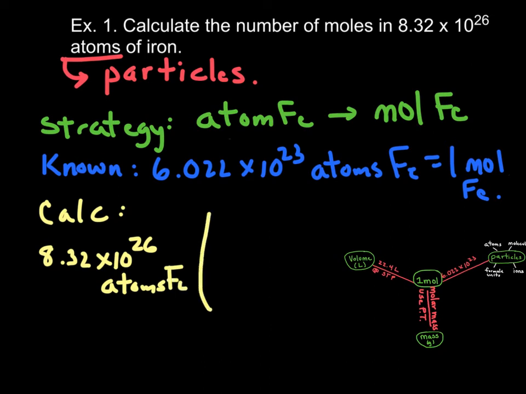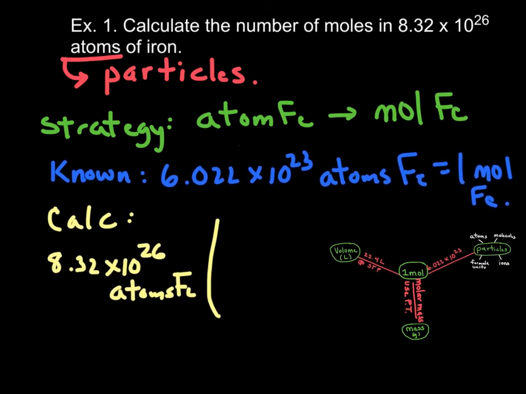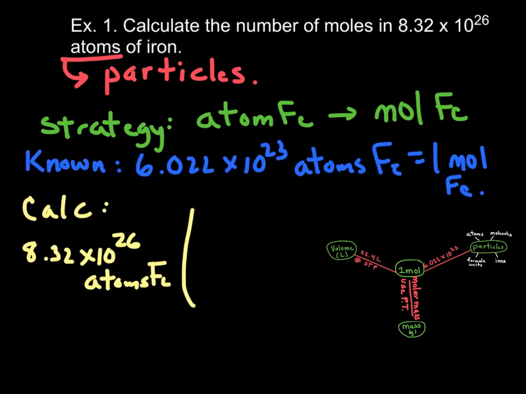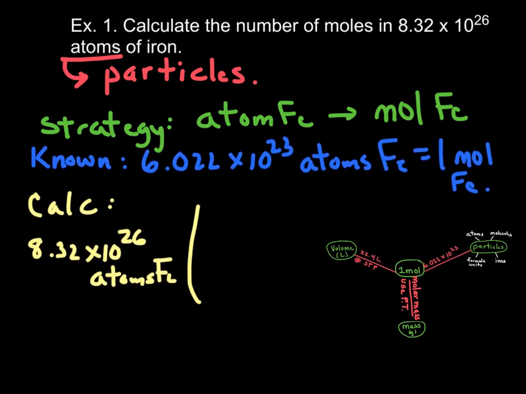Then we build our conversion factor. We want to get rid of atoms, and whatever we want to get rid of goes on the bottom. So we're going to put atoms of iron on the bottom.